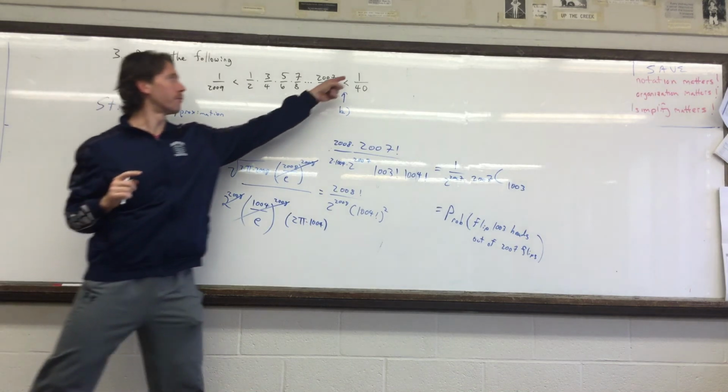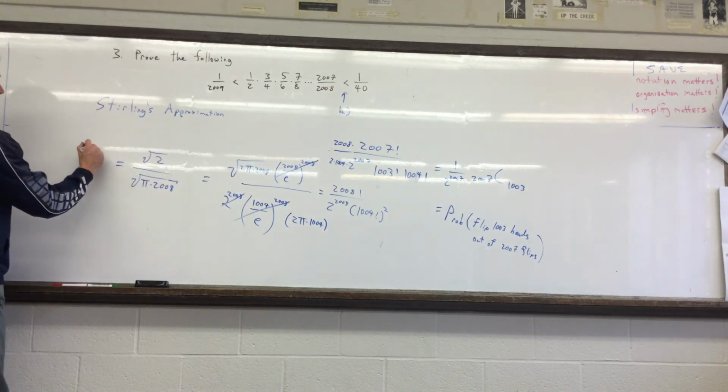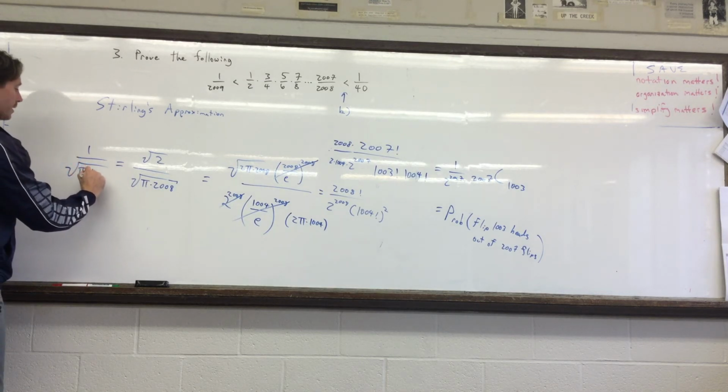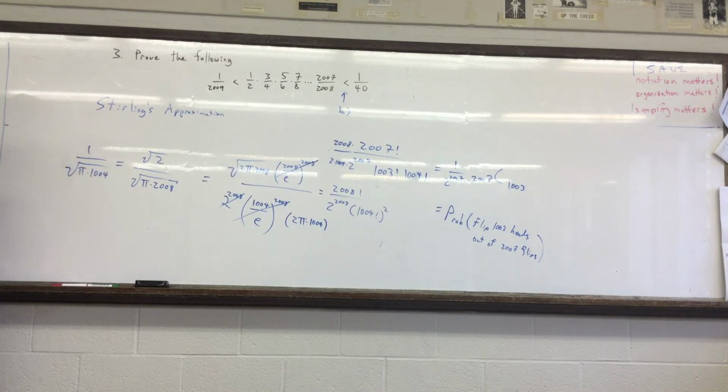I'm looking for an answer in the form 1 over something, so let me algebraically simplify this a little bit. It's going to be pi times 1004.